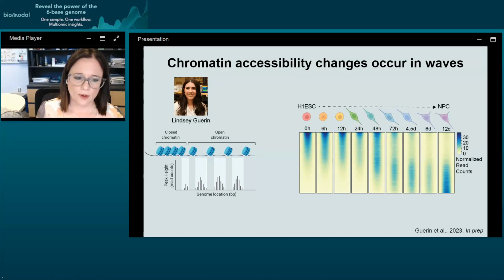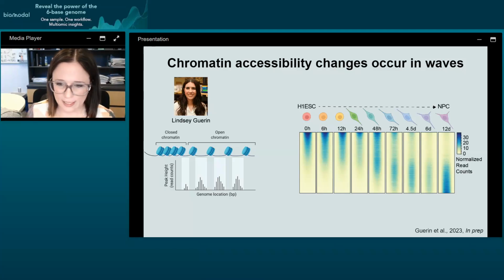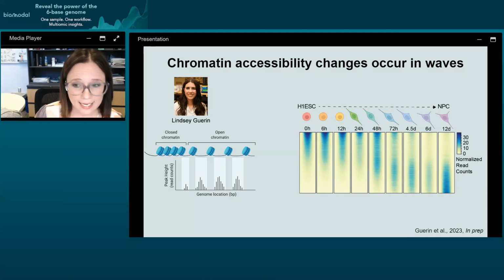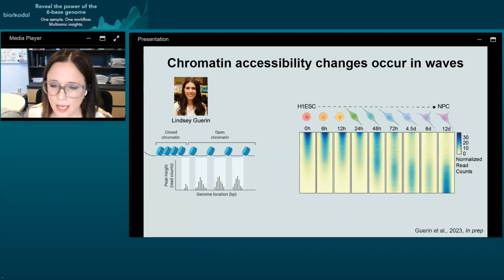All of the rest of the slides you will see were the work of a very talented graduate student in my lab, Guerin. I just wanted to acknowledge her up front because she's done some tremendous work that I'm about to show you.